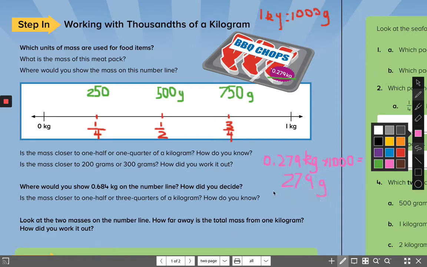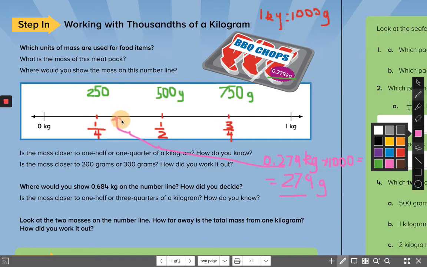Okay, so that's how we establish that 0.279 kilos is the same as 279 grams. And now we can easily locate that weight or mass on the number line, because we already know where 500 grams are, we already know where 250 grams are, so therefore we can say that 279 grams will go somewhere there.